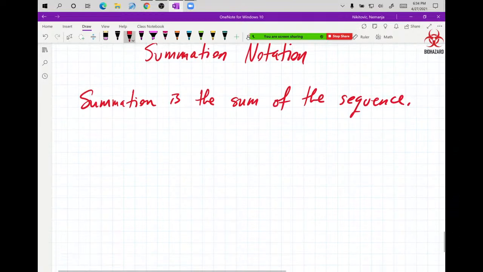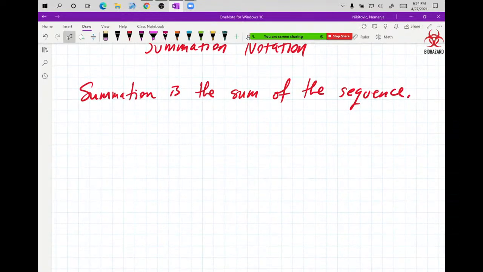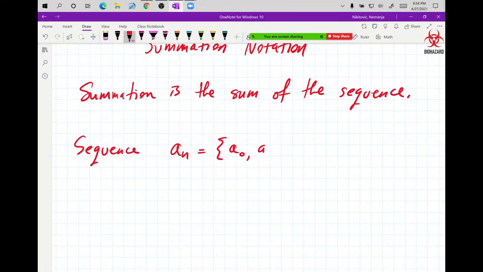So a sequence is given as an, given as a0, a1, a2, a3, a4, a5, going on forever.